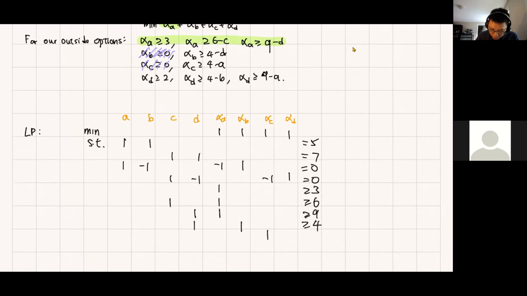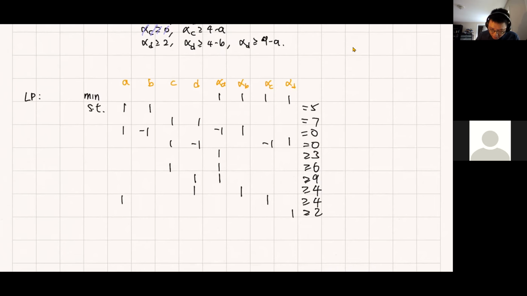Alpha C plus A is at least 4. And just three more: alpha D is at least 2, alpha D plus B is at least 4, and alpha D plus A is at least 9. And all variables are at least 0. So that is the linear program that we are working with.